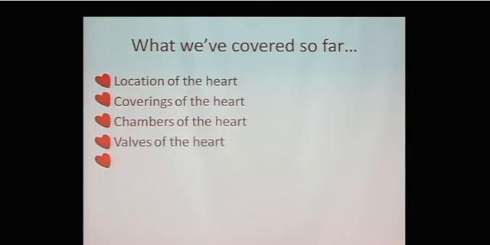We talked about the valves of the heart. So we know the valve between the right atrium and the right ventricle is the tricuspid valve, right? The right atrioventricular valve. We know the valve between the right ventricle and the pulmonary artery, pulmonic or pulmonary valve, and that is a three-cusped valve, but we don't call it the tricuspid valve because that name's already been taken.